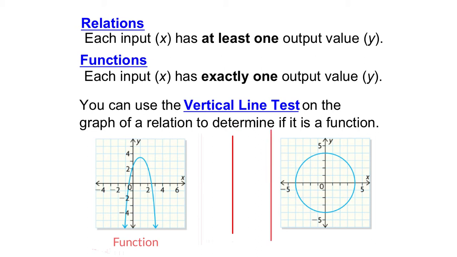Whereas over here, this other relation is a circle. As I take this vertical line through the graph, I can see for many of these specific x values, the graph touches the vertical line at two spots. So this relation is not a function, because there's more than one y value for each x value.